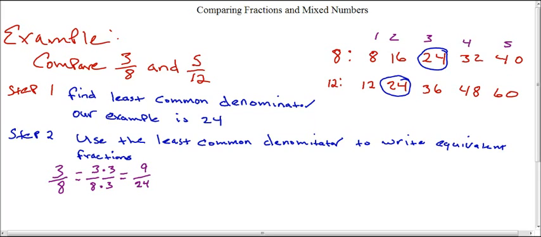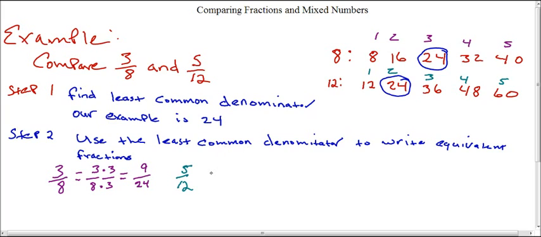Okay, so now let's take a look at 5 and 12. To get 24, we multiply 12 times 2.